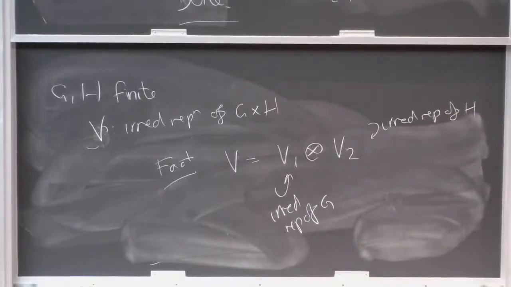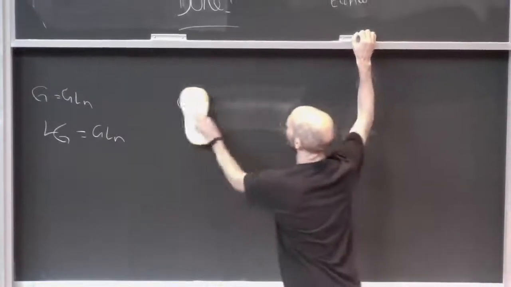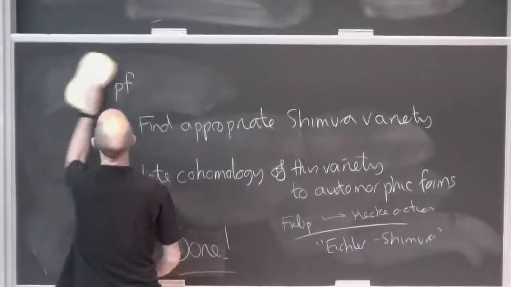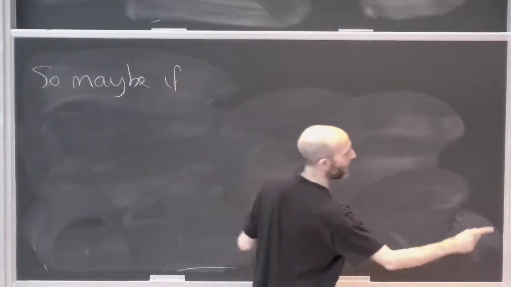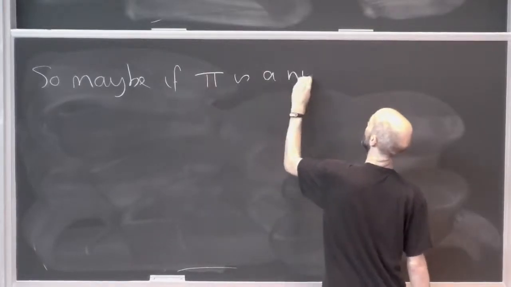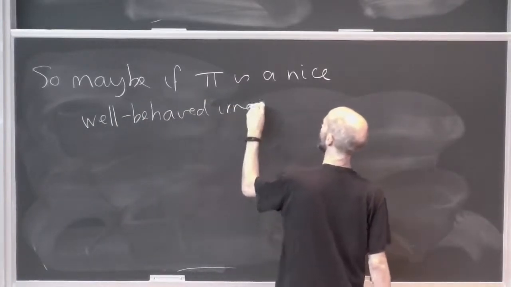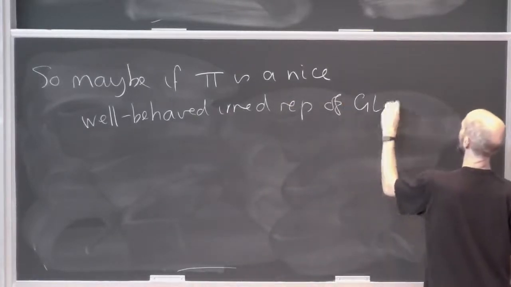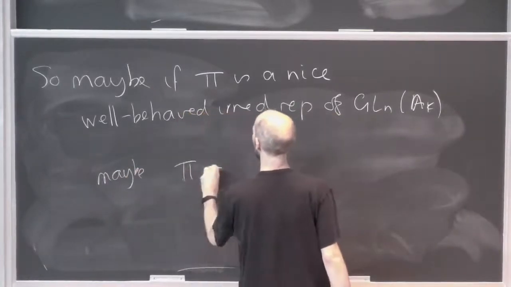Now, I guess these groups aren't really finite, and this isn't even really a product, but if you're prepared to gamble, then maybe you'll be prepared to accept that if pi is some nice, well-behaved irreducible representation of GLN of the Adels, you see, it's going to be an infinite tensor product.